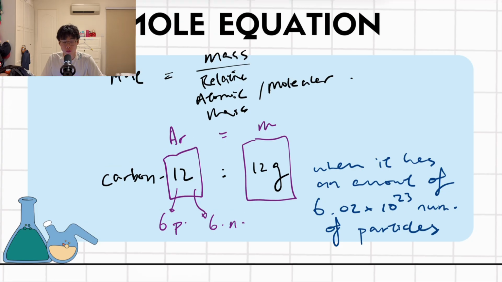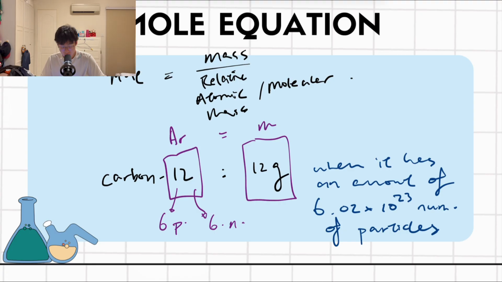Therefore, when there's 1 mole of a specific substance, we can consider its relative atomic mass as the mass of the substance in grams when there is 1 mole of it.